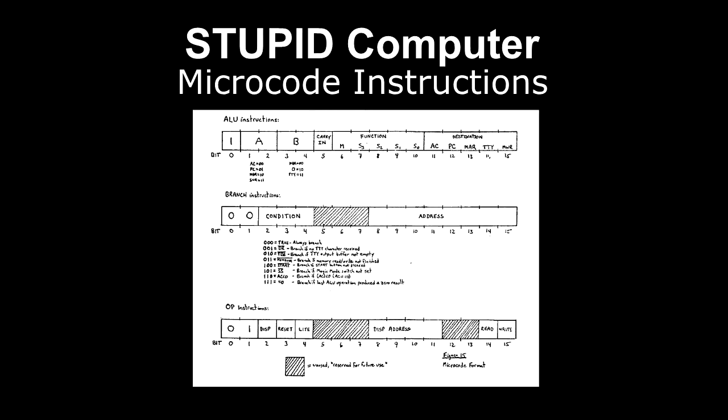Okay, so let's take a look now at the microcode instructions. There are 3 types of instructions here. There's the ALUs, which have the high order bit set to 1. There's branch instructions. Now this is, again, a microcode branch, and it's branch on a condition, always, with 8 bits of target address.